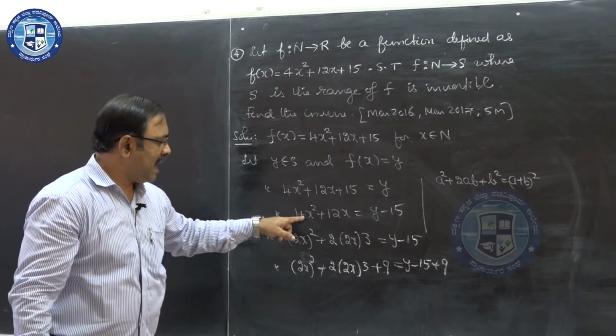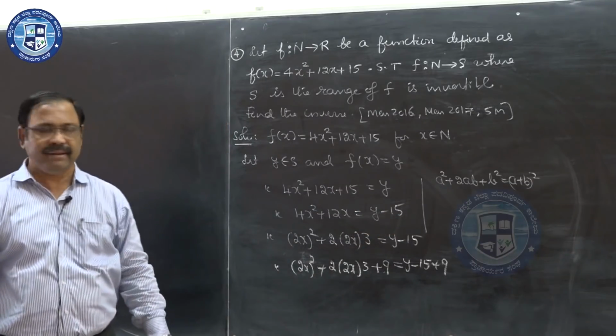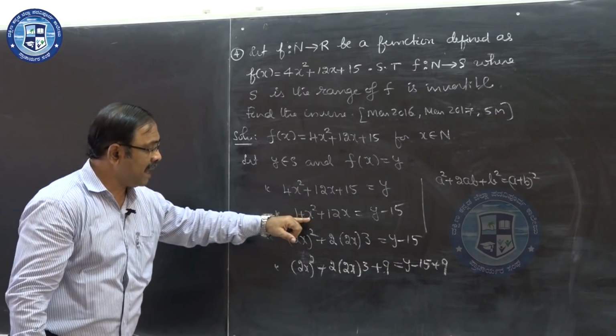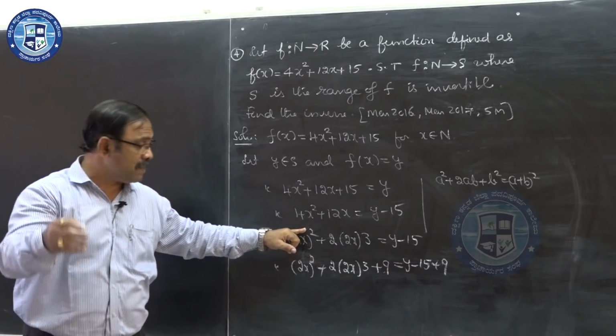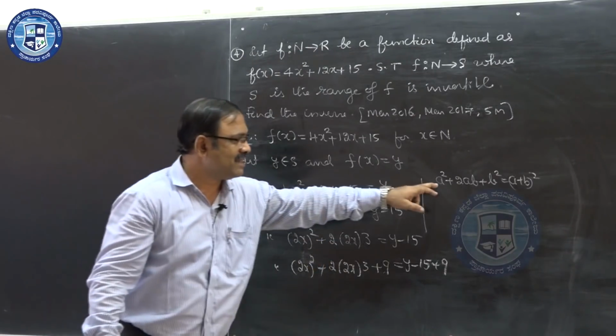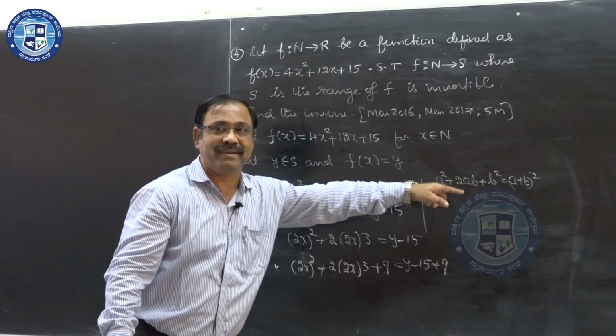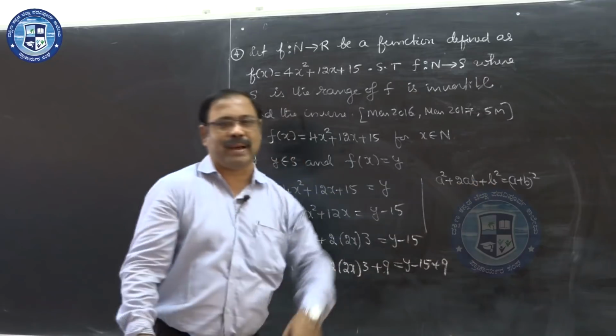See, I have 4x square plus 12x is equal to y minus 15. Now 4x square I am writing as 2x the whole square, and I have to complete this into a perfect square, that is a plus b whole square form, a square plus 2ab plus b square.